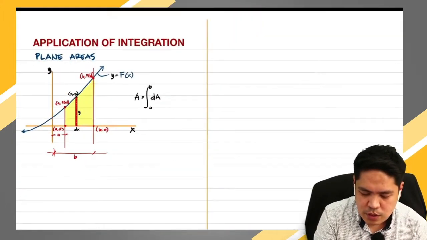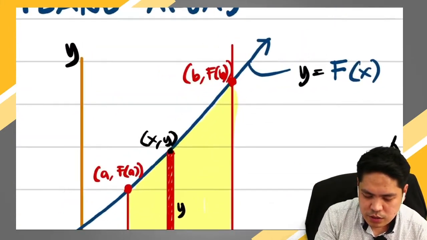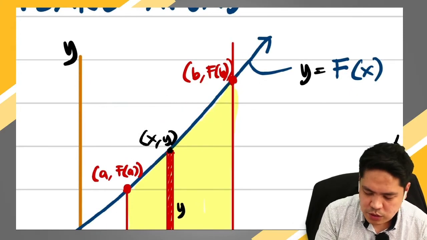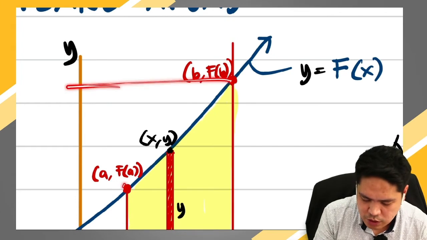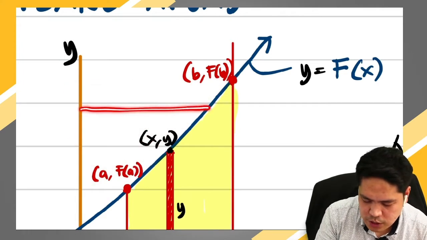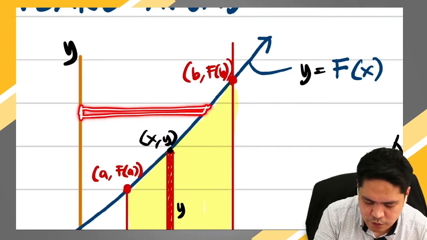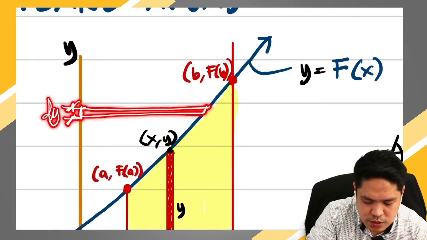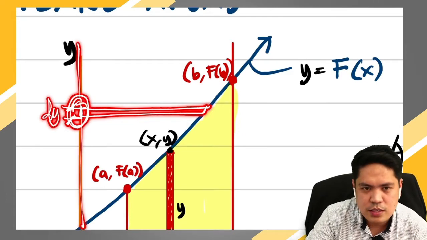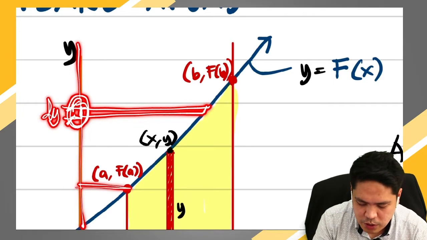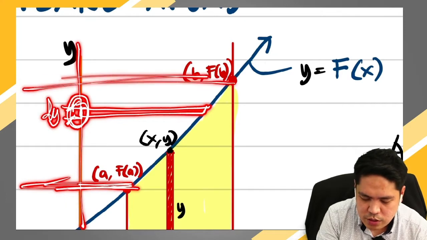Okay? Now, for example, suppose I use a horizontal strip. Let's say what we are trying to get the area of is this area here. This area. So, I will be using horizontal strips for this. Horizontal strips. So, therefore, what would be this thickness if we use a horizontal strip? Anyone? That would be dy because these are small changes along the y-axis. Okay? And what would be our limits from here to here?